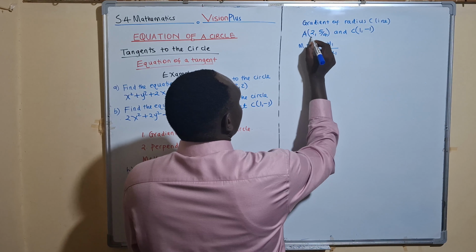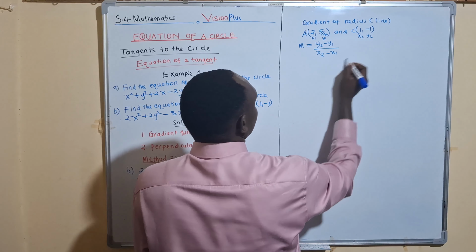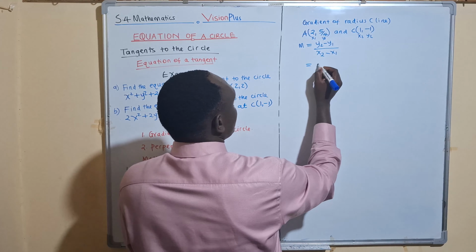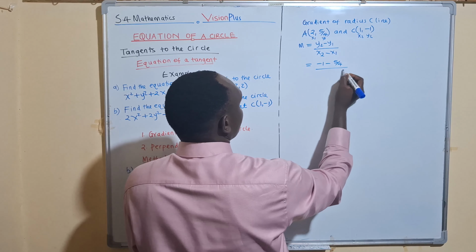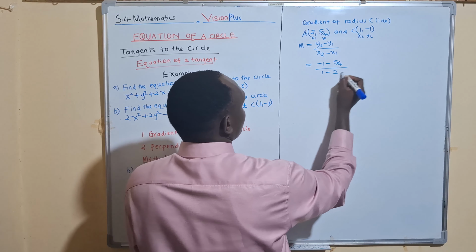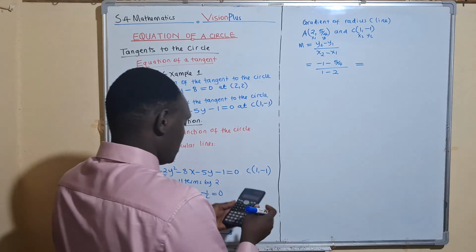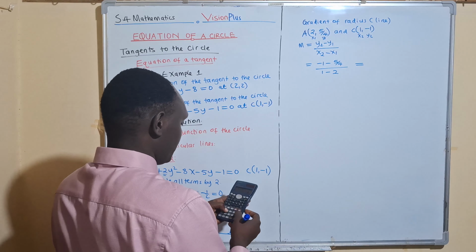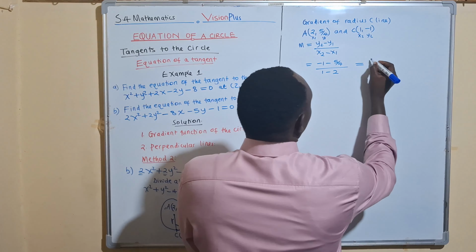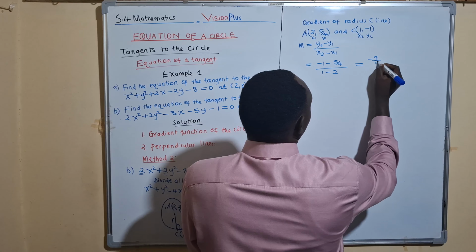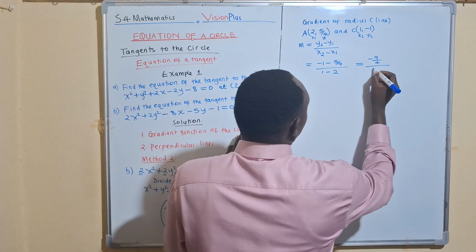So we name these points x1, y1, x2, y2. Then we substitute. What is y2? -1 minus y1, 5 out of 4, divided by x2 is 1 minus 2. Here's the calculator: -1 minus 5 divided by 4. I'm getting -9 out of 4, but we are dividing by 1 minus 2, which is -1.